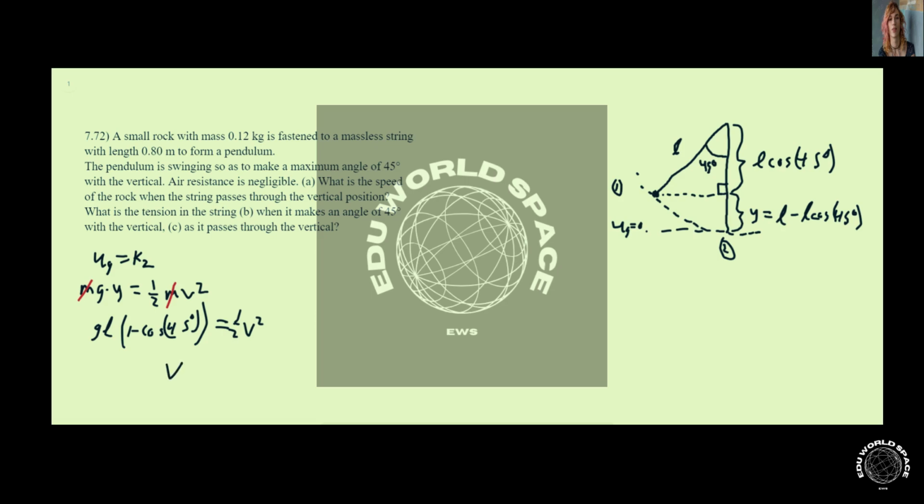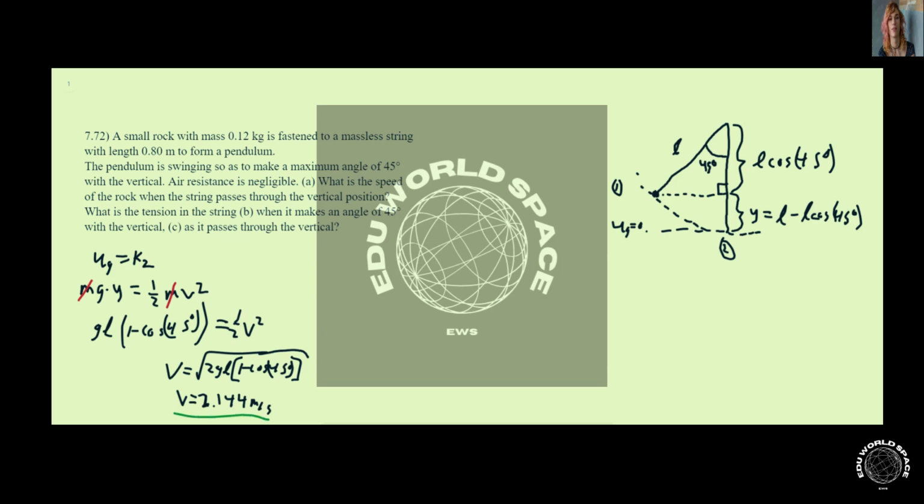Okay, so then I get v is equal to the square root of 2gL times 1 minus cosine of 45 degrees. Then all that's remaining here is numbers: 2 times 9.81 times 0.8 meters times 1 minus cosine of 45. So then I get that v is equal to 2.144 meters per second. So that's part A.